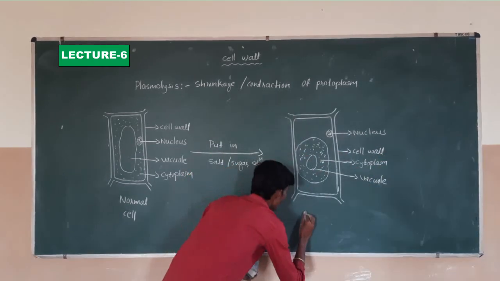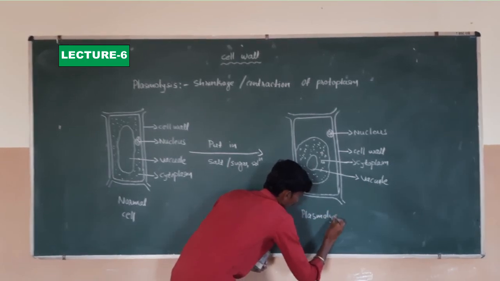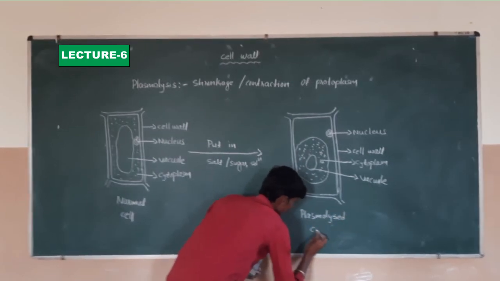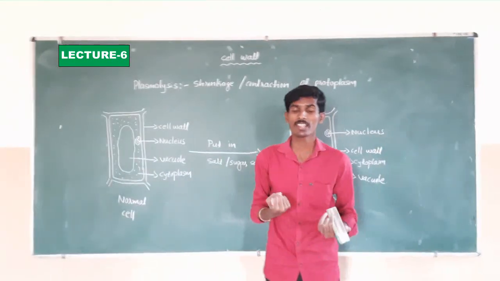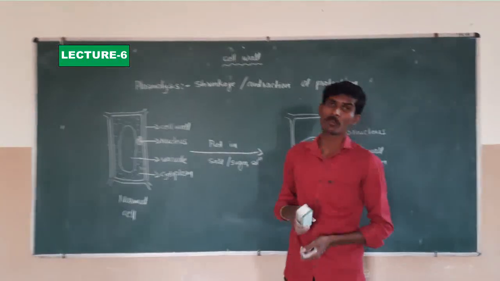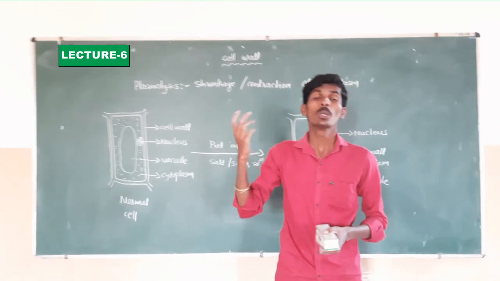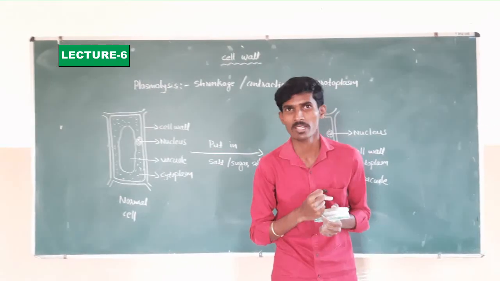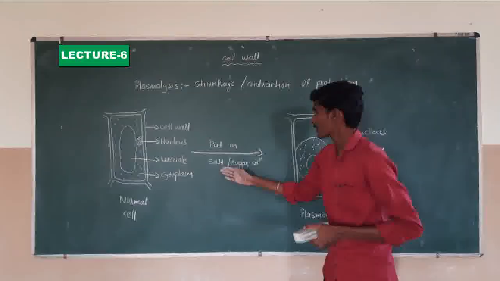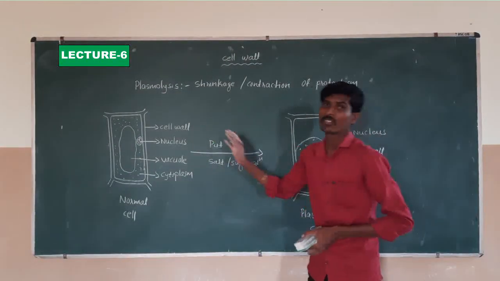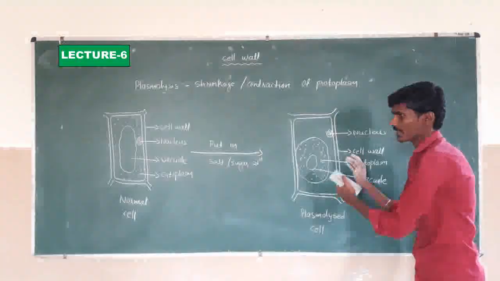This is called a plasmolyzed cell. Once again, what do you mean by plasmolysis? The shrinkage or contraction of the protoplasm is called plasmolysis. It happens when the cell loses water through osmosis. When we put the plant cell in a concentrated salt or sugar solution, the normal cell becomes plasmolysed. Plasmolysis means shrinkage of the protoplasm.